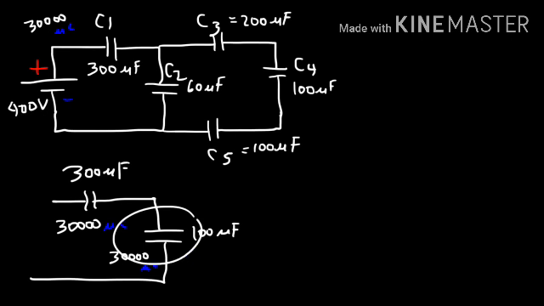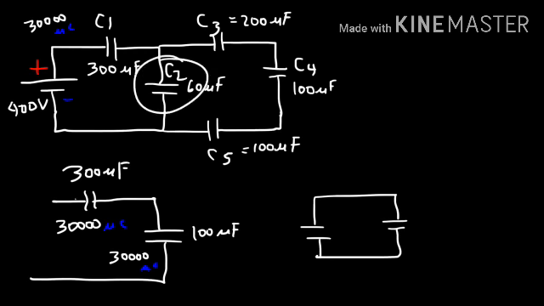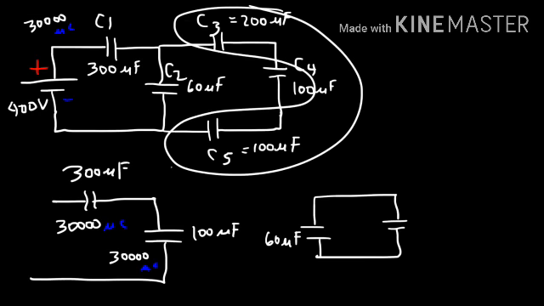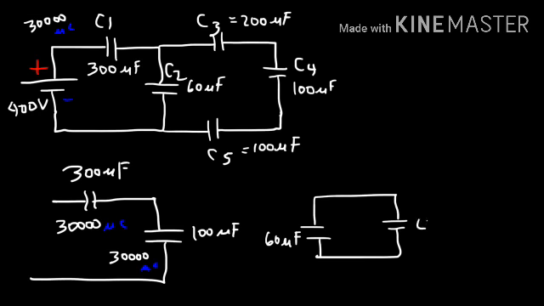Now let's focus on this network. This capacitor can be broken down into two capacitors, one of which was 60, and the other is the equivalent of these three capacitors, which we know was 40. Now, because these two capacitors are in parallel with each other, the charges on these two capacitors must add to 30,000.